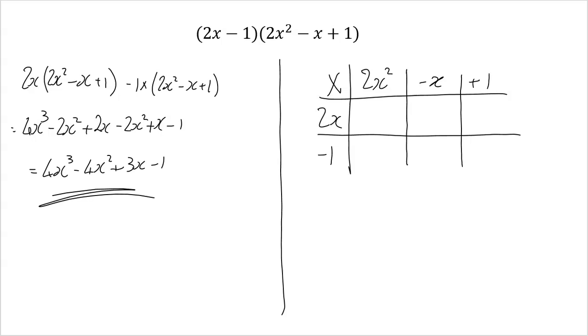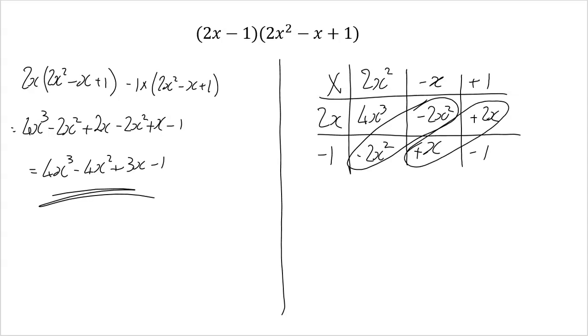Filling in the table, same as we've done every single time. Each element, product of rows and columns. So I'd end up with 4x cubed, minus 2x squared, plus 2x. Now my second row will become minus 2x squared plus x minus 1. And again, if you notice it, because it's the same variable throughout, my two diagonals here can be simplified.